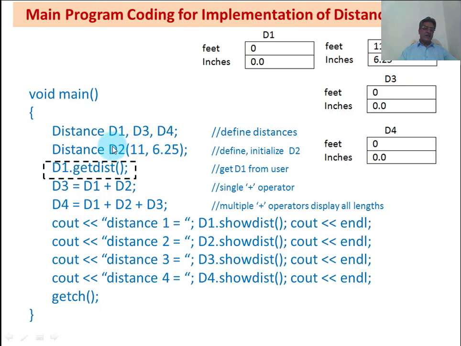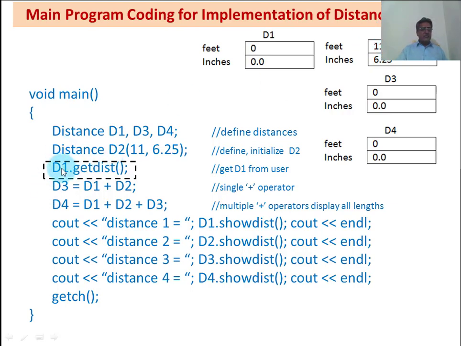This line is activating the second, two argument constructor for d2. As the class assigns the memory to d2, that is the feet and inches memory, the constructor assigns and stores the values in this memory of the d2 object.